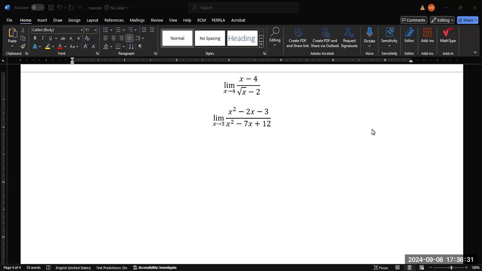We can repeat the second example basically the same way. In fact, I'm just going to copy this, and I'm just going to change a couple of things. So in my second example, I want to go to 4.